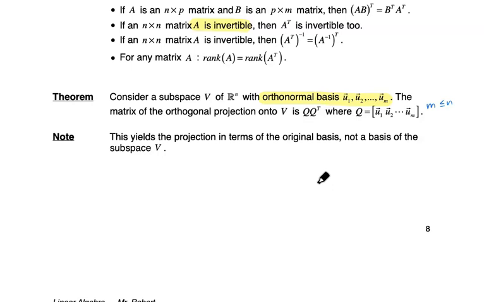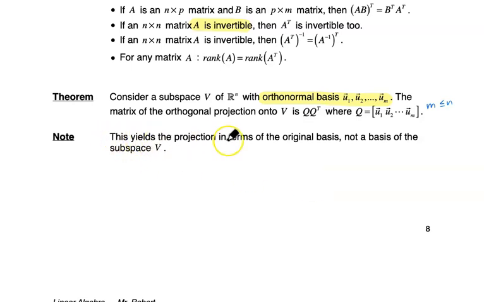So in 5.1 it was with dot products. In 5.3 now it's with an orthonormal basis and finding the matrix. And then in 5.4 it will be with any basis. It won't even need to be an orthonormal basis. So obviously it's going to be the most powerful method, but also the more complicated one.